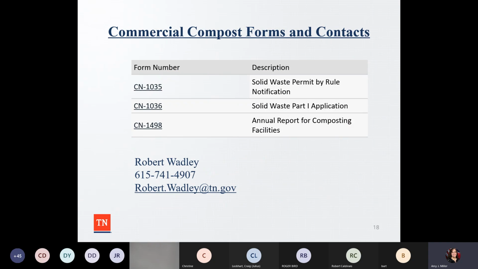These are some of the forms that you have to have, the permit by rule, and then the application. And then you also have to have an annual report for composting facilities. If you have questions, or if you ever have somebody that's coming in your community that wants to do this type of facility, Robert Wadley is the contact person for TDEC.